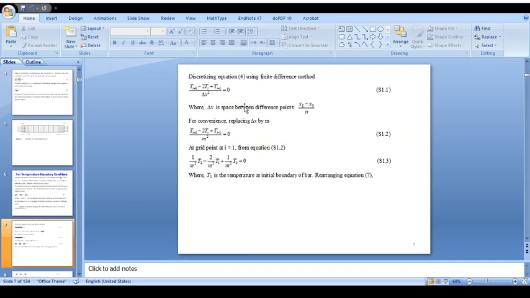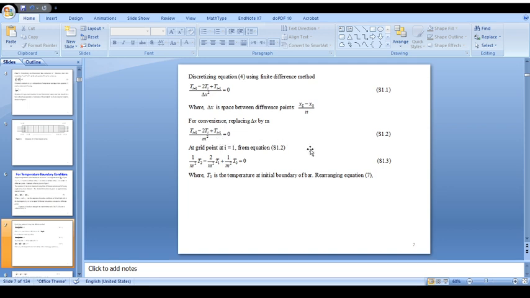Here for the space, delta x is the distance between two difference points, xl minus x0 over n plus 1. Now delta x, for simplicity and convenience, we have considered as h. So we can rewrite this equation in this particular form.